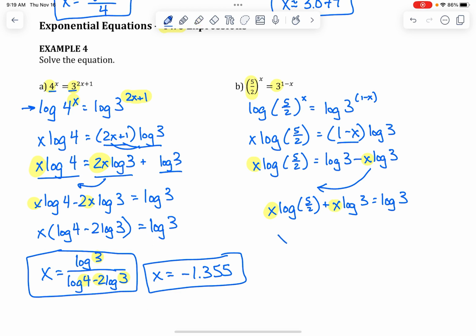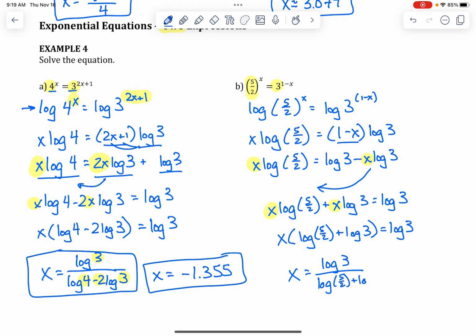X here, now we have log 5 halves plus log 3, and finally divide. So you have log 3 on top and that whole mess in parentheses on the bottom.